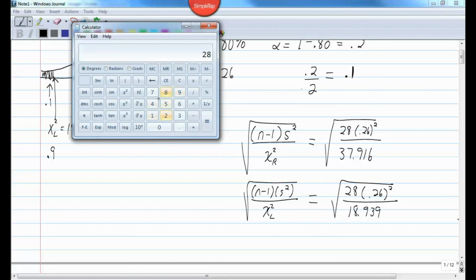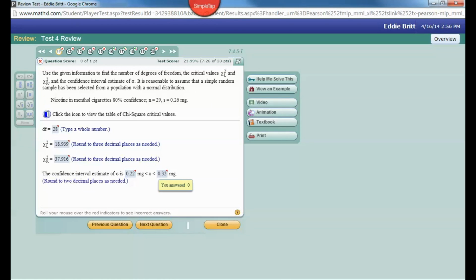So 28 times 0.26 squared, I'm just going to say times 0.26 times 0.26, divided by 18.939, and then I'm going to take the square root of that. If I round this to 2 places, that's 0.32. So my right endpoint here is 0.32.